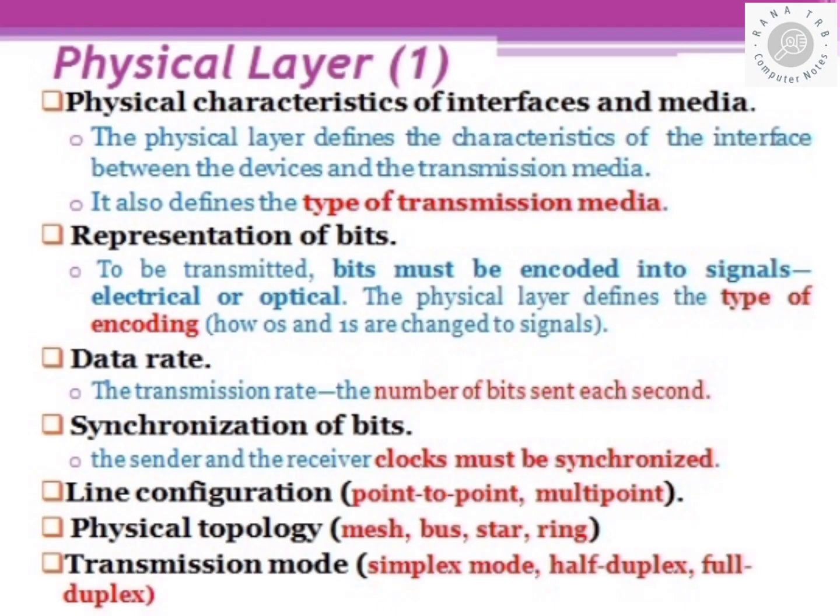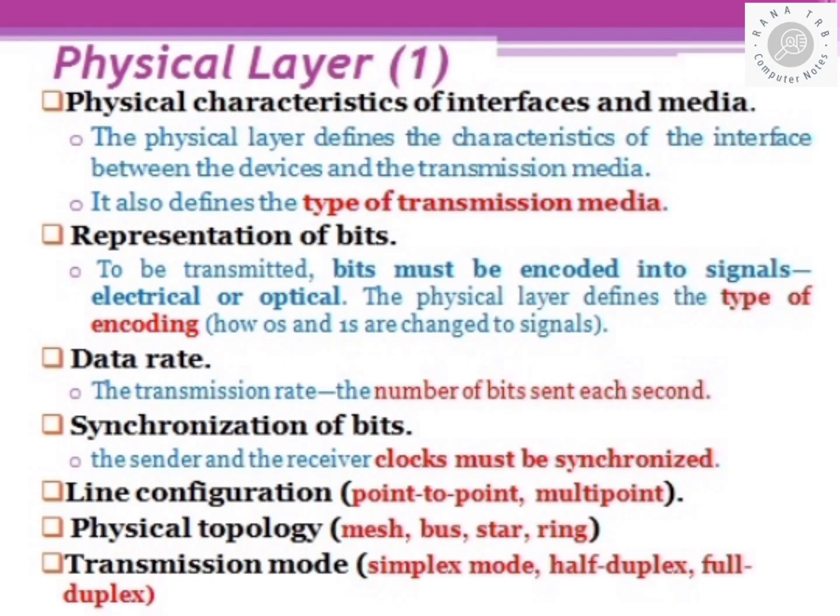Some of the basic functions of the physical layer are as follows. It defines the type of transmission medium used, and the bits are represented in the form of signals, that is electrical or optical signals, a type of encoding in the form of zeros and ones. The data rate is the number of bits transmitted each second.